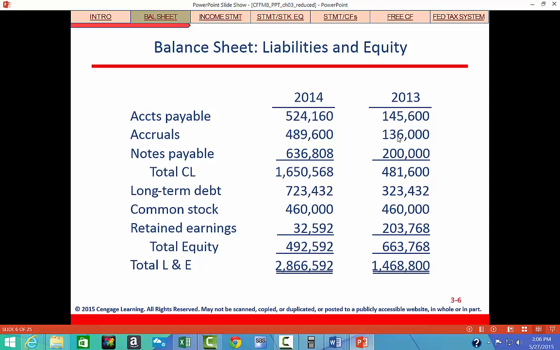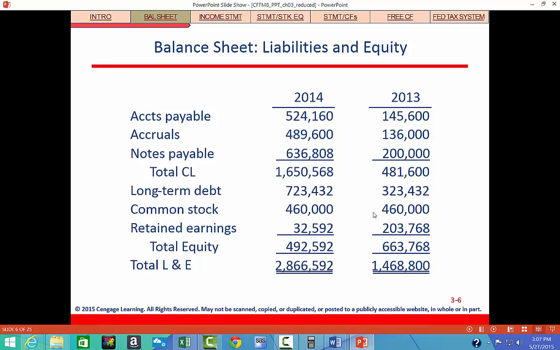And then their accruals, which a lot of them occur like wages accrue and taxes accrue, have gone up naturally as a part of the expansion process. And notes payable are their short-term debt instruments, and that's increased by about $436,000. So we can see some of the portion of the increase in their asset financing is in notes payable. And then their long-term debt has also gone up to $723,000, so they issued more long-term debt to finance this expansion.